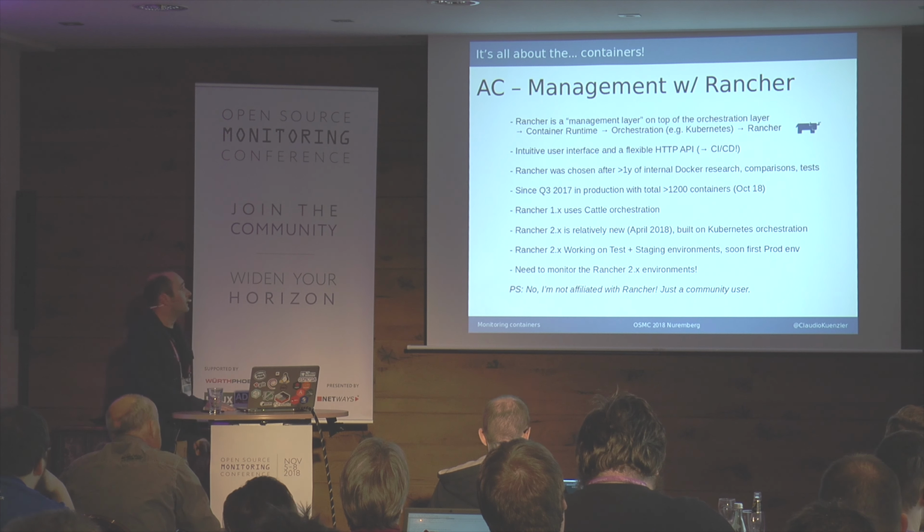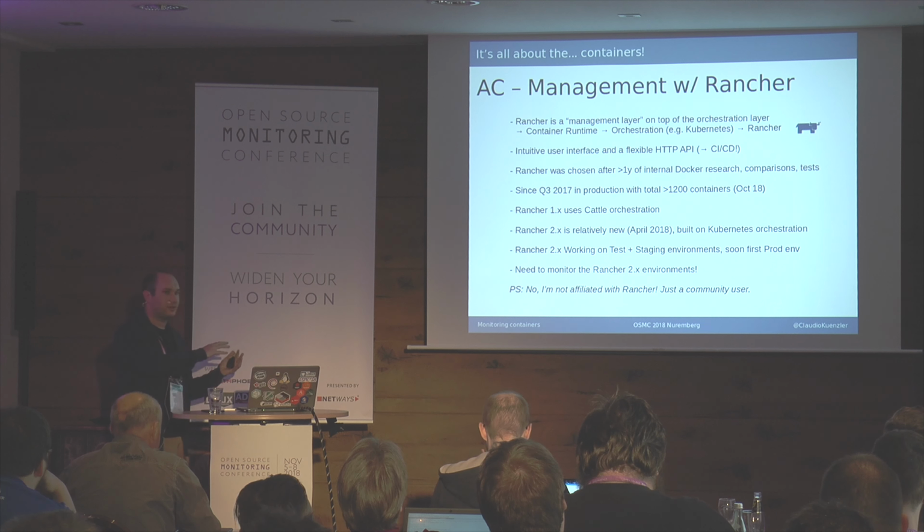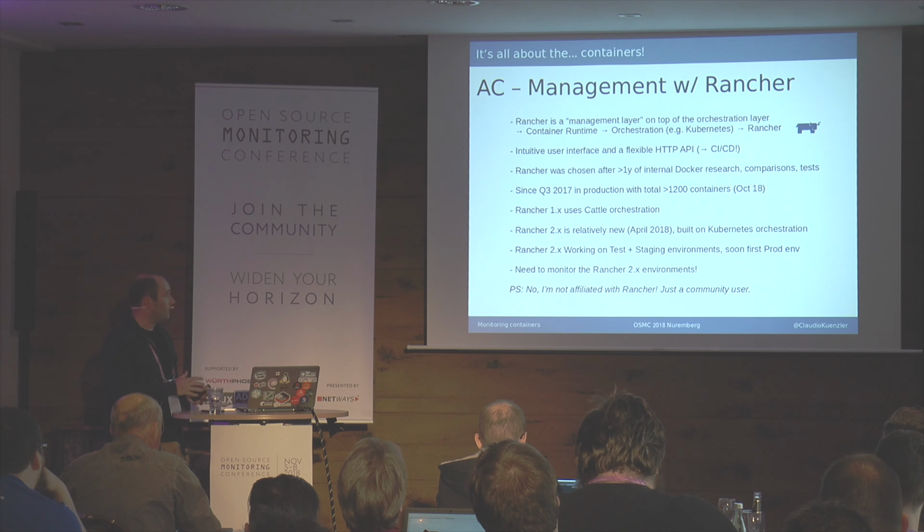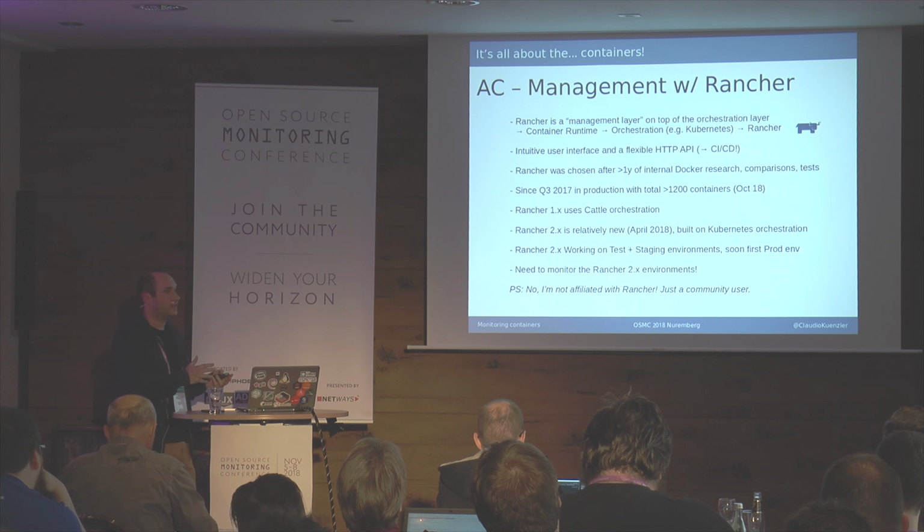Rancher is something like a management layer on top of the orchestration. So we have the containers or pods in Kubernetes. We have the container runtime, which creates pods, destroys pods, etc. And we have the orchestration layer, like Kubernetes is one of them, managing the container runtime.